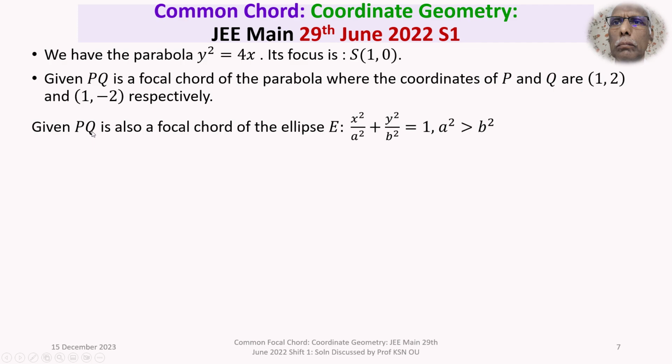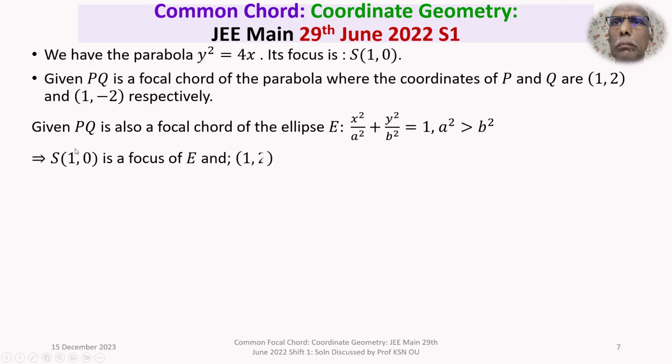So PQ is also a focal chord for the ellipse, which means the focus of the parabola, that is (1, 0), is also a focus of the ellipse, and P and Q lie on this parabola.